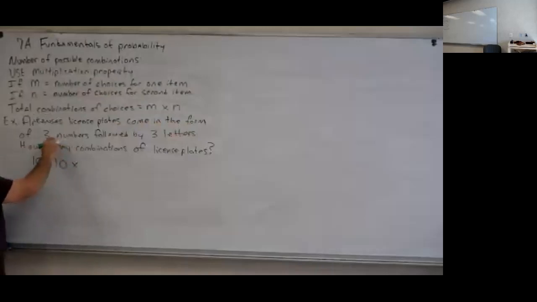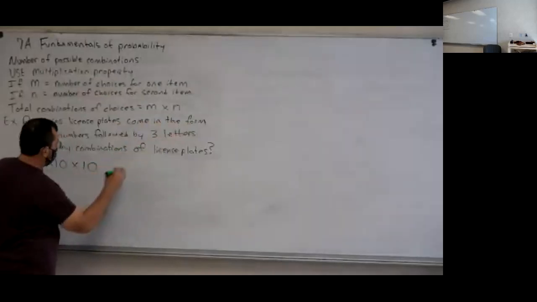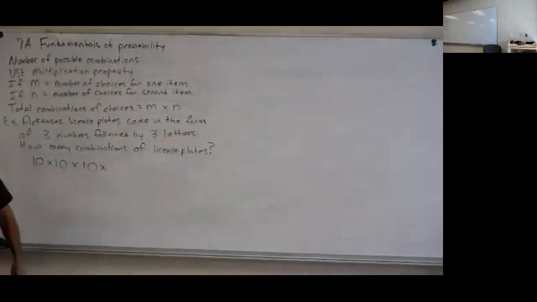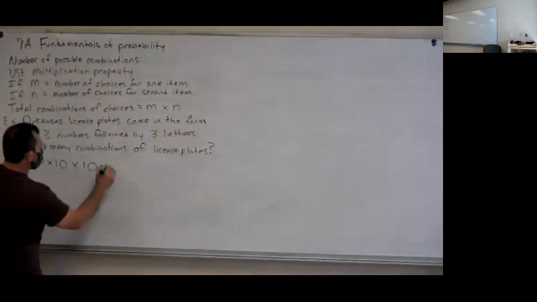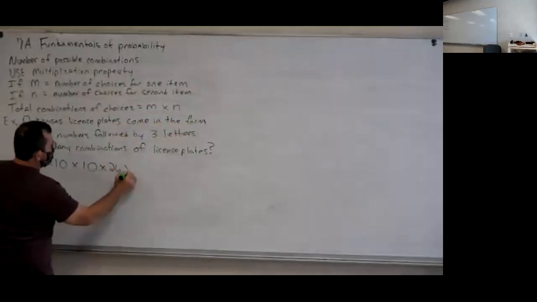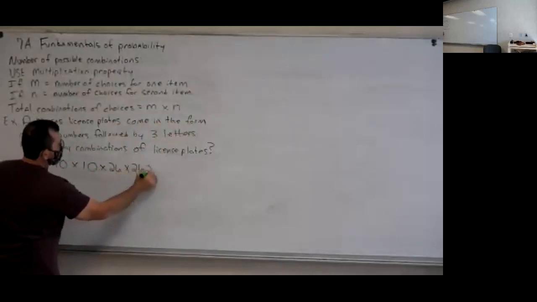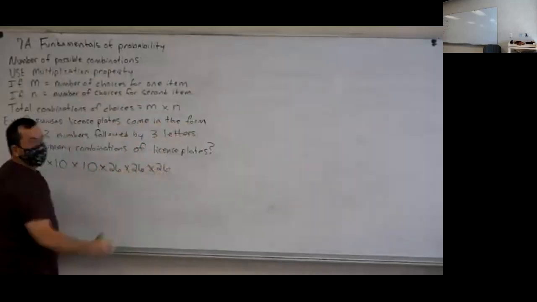The third number, 10 choices. Then I've got 3 letters. How many letters are in the alphabet? 26, I think, right? So for each letter, I've got 26 choices.